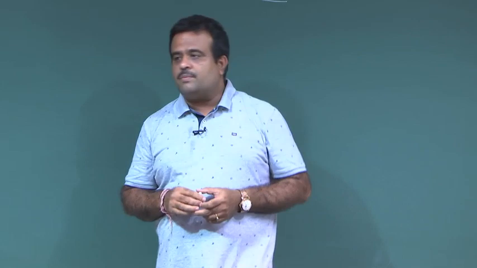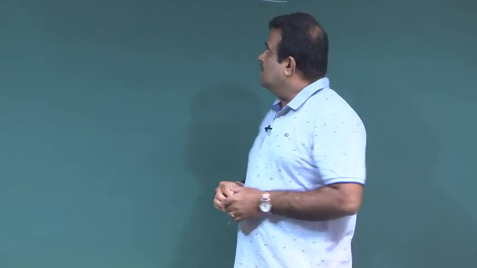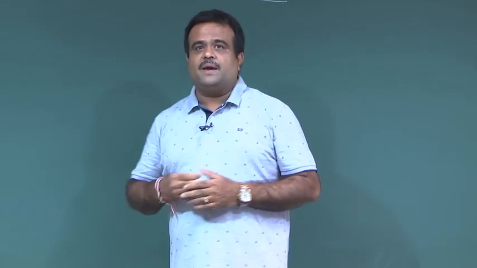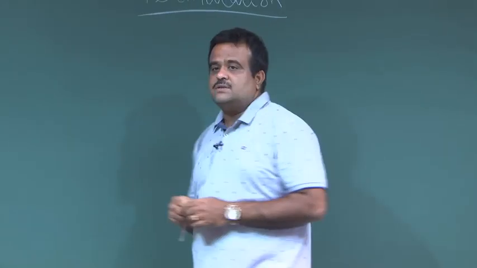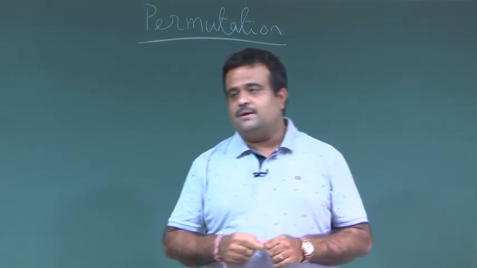Okay, so we talk about permutation today. Basically, we have seen some mapping. Now a permutation is a mapping, basically a bijective mapping.